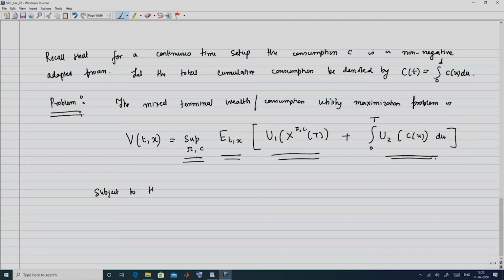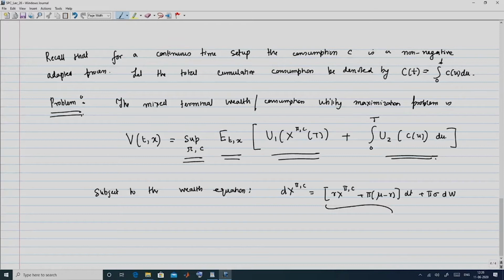the wealth equation dX^{pi,c} is going to be [r X^{pi,c} + pi (mu - r)] dt + pi sigma dW.